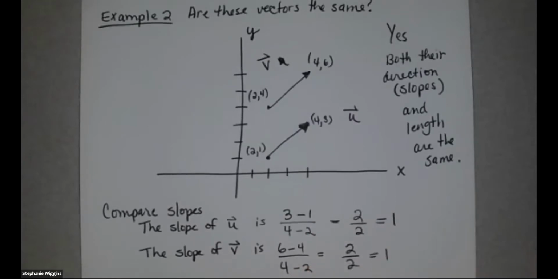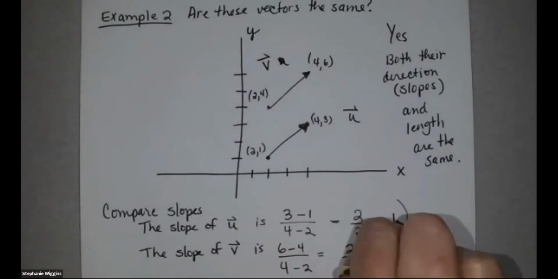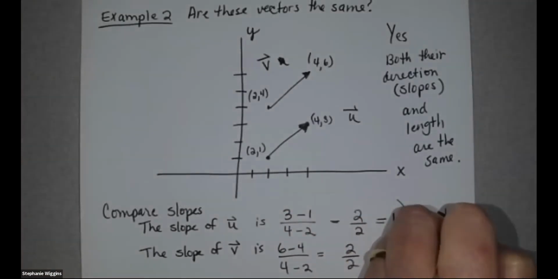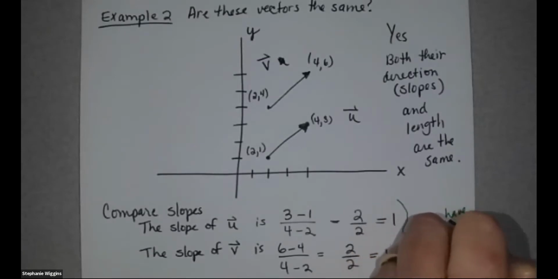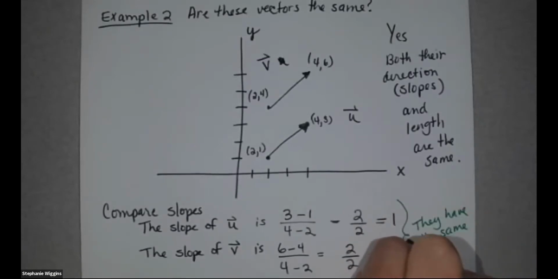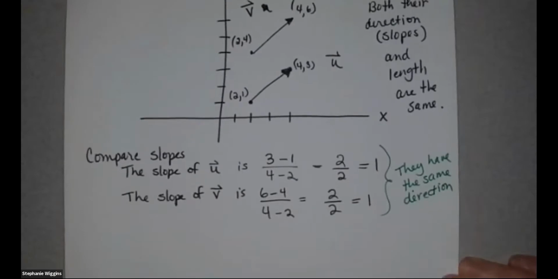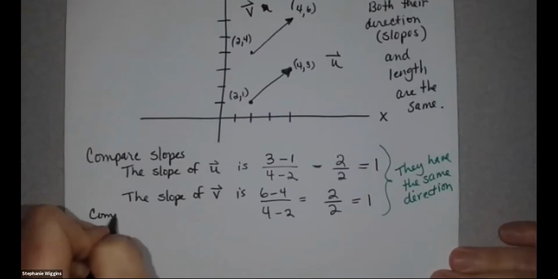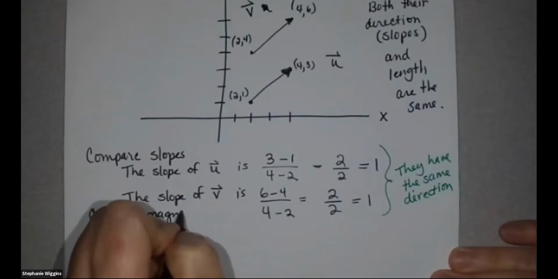So the directions are the same. And now we want to compare the magnitudes. Magnitude is a fancy word for length.